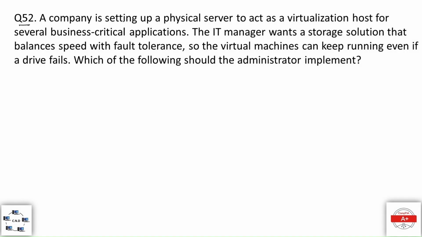Question number 52. A company is setting up a physical server to act as a virtualization host for several business critical applications. The IT manager wants a storage solution that balances speed with fault tolerance so the virtual machines can keep running even if a drive fails. Which of the following should the administrator implement?